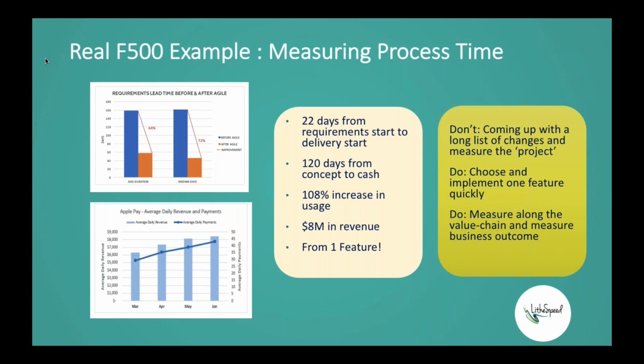And so now you can see how we're able to deploy on a more granular level and measure business impact on a more granular level. You see some of the numbers there in the middle in terms of measuring the days that it takes to do each of these things, and what some of the upside was: 108% increase in usage, $8 million in revenue from deploying this one feature, and accelerating the business side velocity here to go from 22 days from when we started the requirements to when IT could start developing the solution, which is fast for a lot of large organizations.